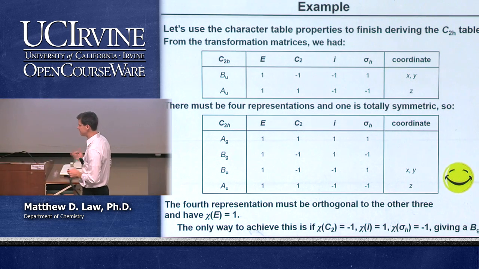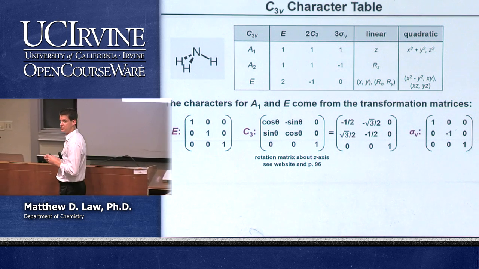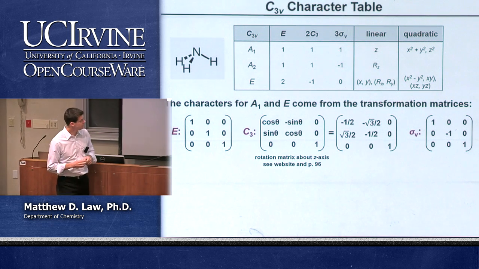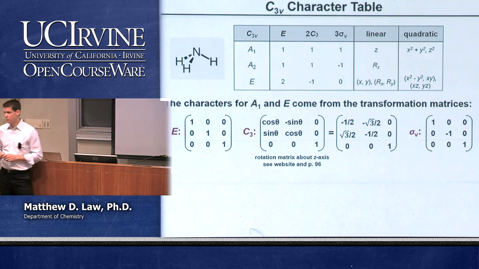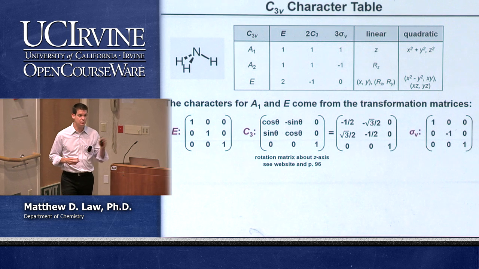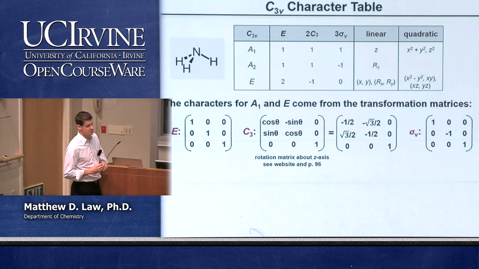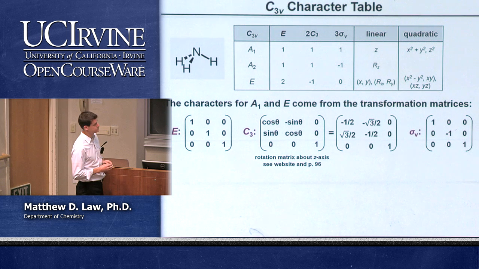Let's look at another fairly simple example of a character table that has a couple of different new features to it. Let's look at the C3v character table. We should be able to recognize a C3v molecule and list all of the symmetry operations that correspond to C3v. Such a molecule is ammonia. Ammonia here is C3v because it has a C3 axis, right, down this line here.